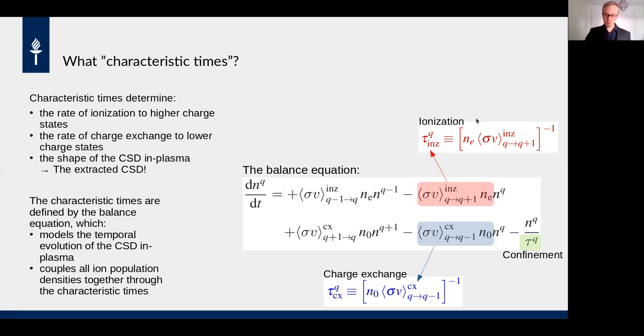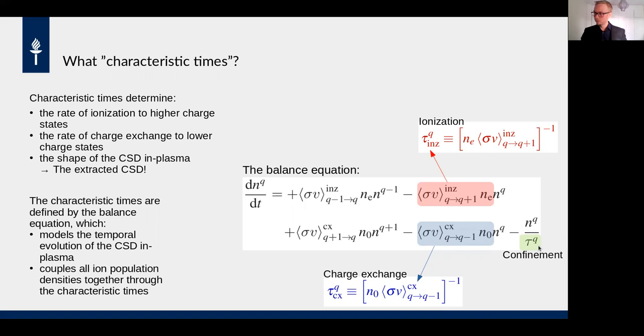Charge exchange is thought to occur mainly between the neutral atoms and ions rather than between two ions, as the repelling Coulomb force and the increasing ionization potential of highly charged ions causes the charge exchange cross-section between ions to diminish rapidly. The characteristic time of charge exchange then is determined by the neutral density and the rate coefficient of charge exchange between neutral atoms and the ion in question.